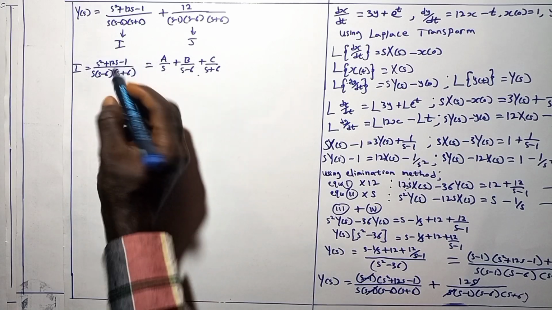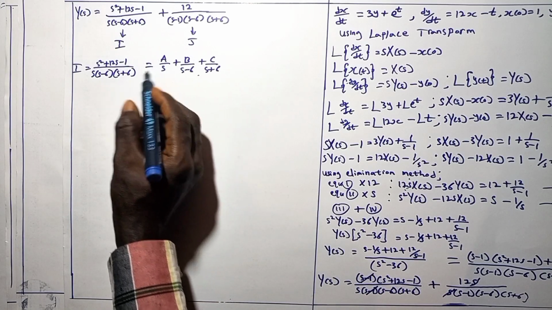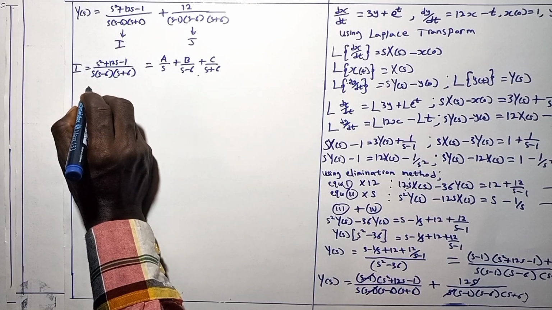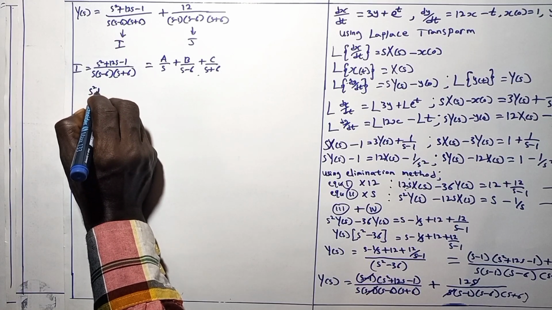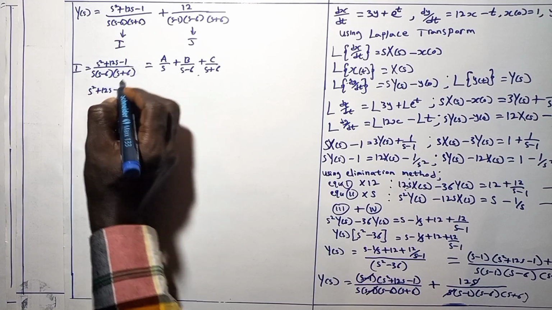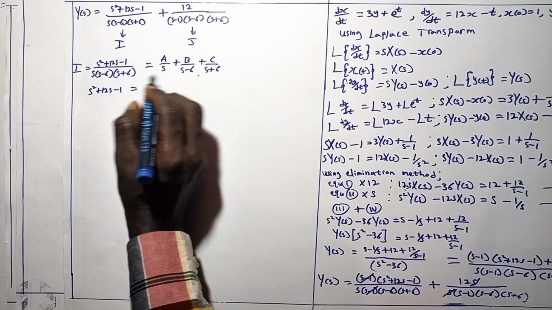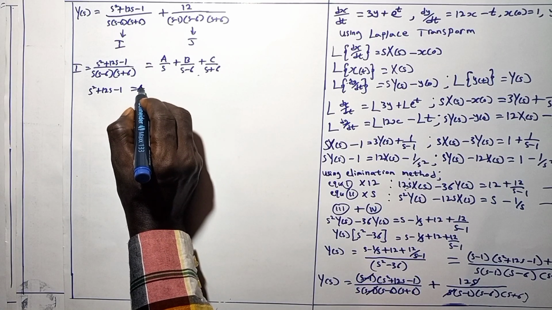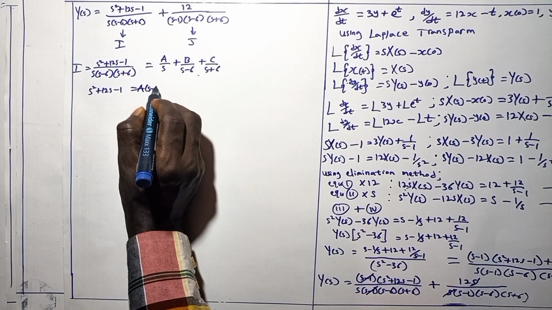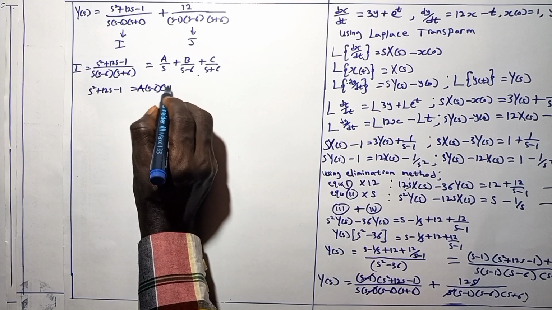Then we apply our simplification. We are left with s squared plus 12s minus 1. So now this A becomes, we are taking these as the coefficients of A: s minus 6, s plus 6.